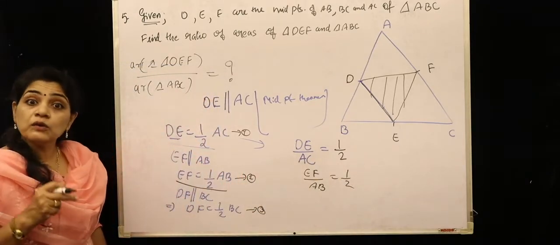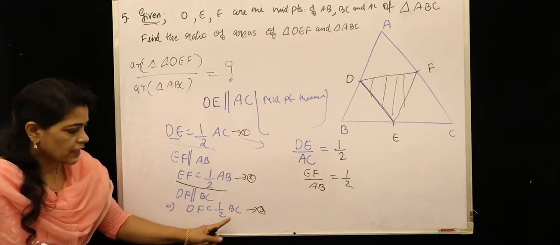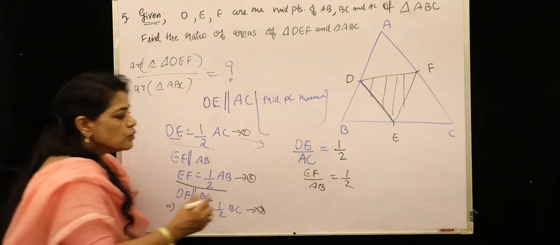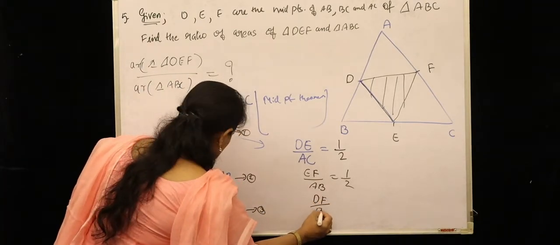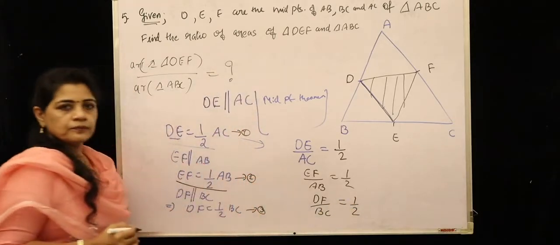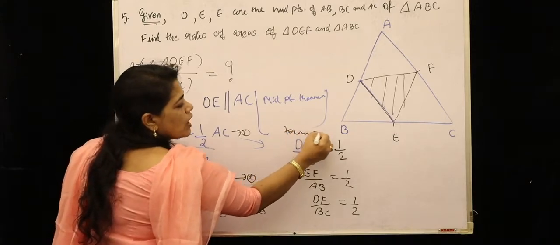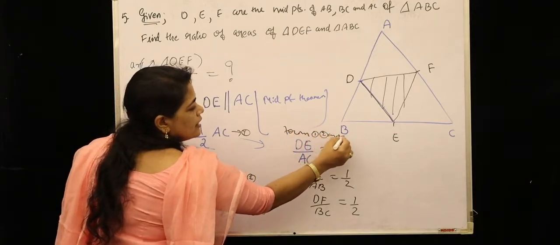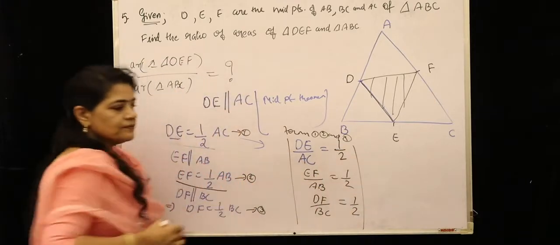And from equation 3, taking BC to the LHS, we get the third ratio, DF divided by BC, is also 1 by 2. From equations 1, 2 and 3, we have this very important result.